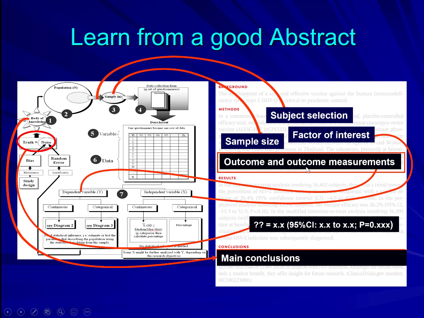Now, you can see it's the main conclusions. Put it here, and then look for or need to present the magnitude of effect.